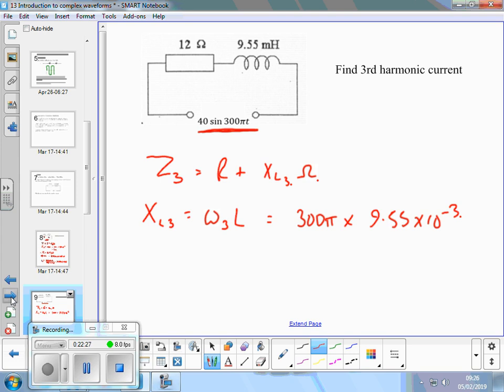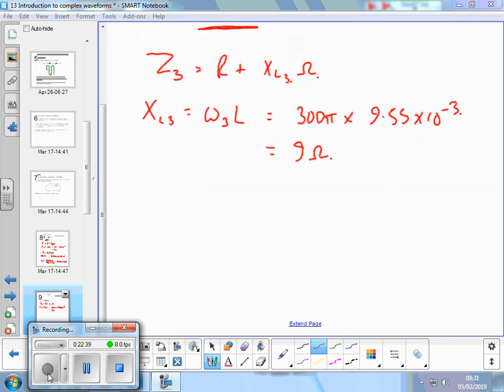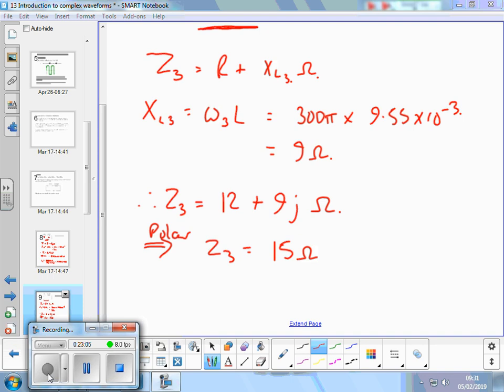Five minutes, finish it off. Right, what was XL3? Nine ohms. Therefore, Z3 is equal to R, 12, plus 9j ohms, and converted to polar, 15 ohms, angle 0.64.